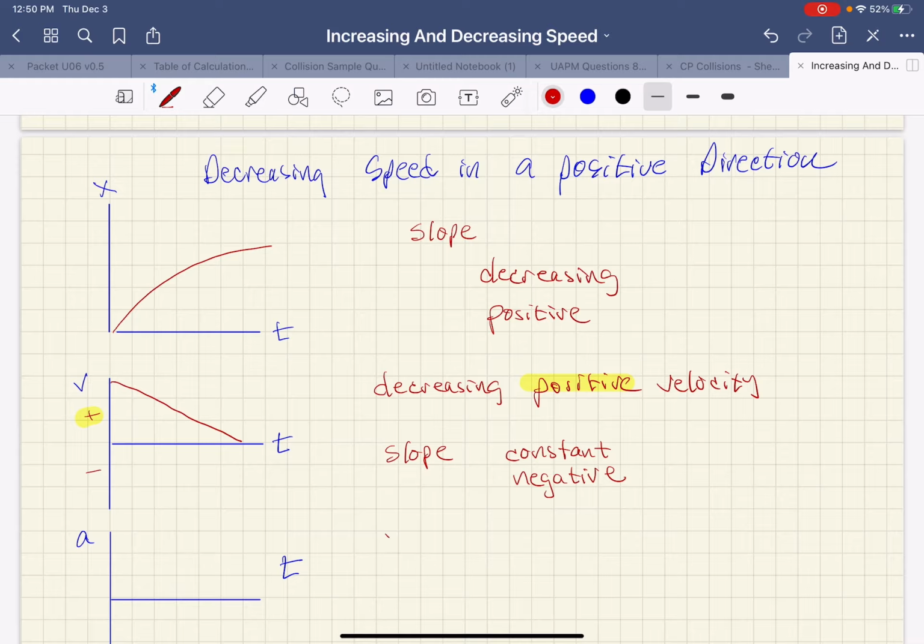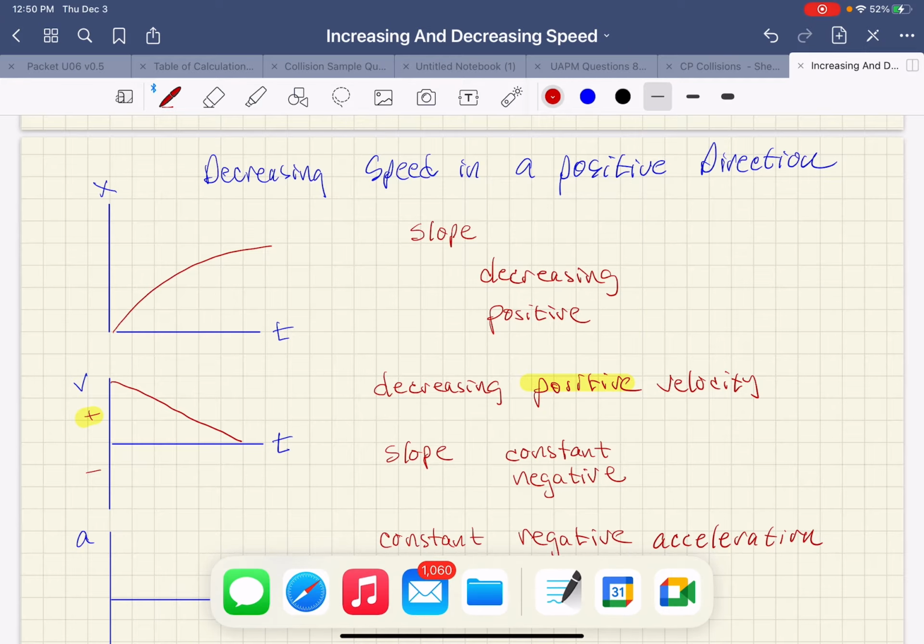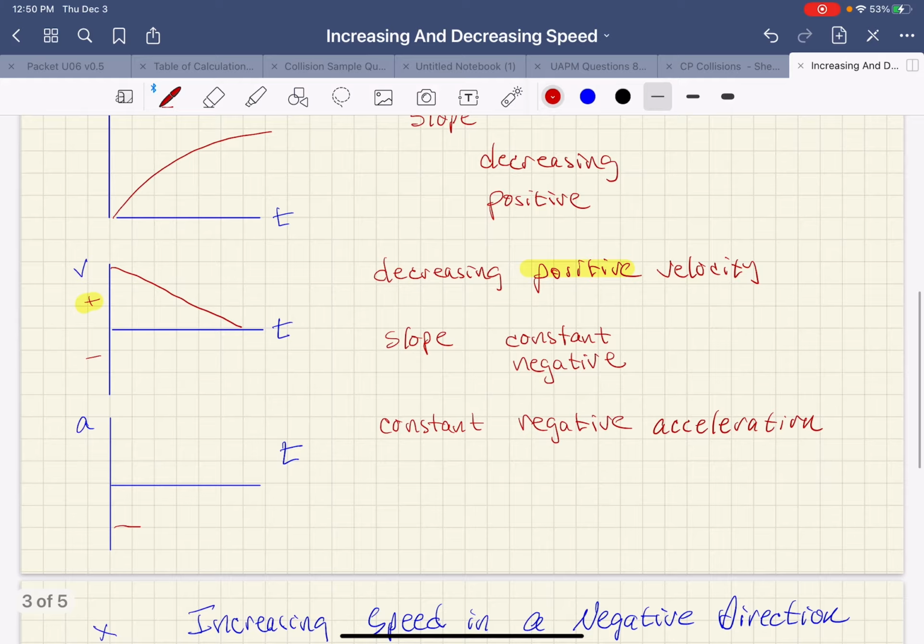This tells me I will have a constant negative acceleration. So this is what my acceleration graph would look like.